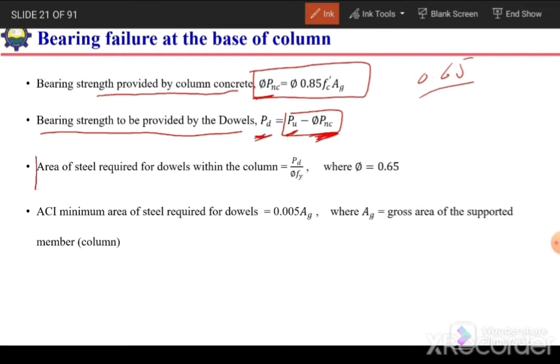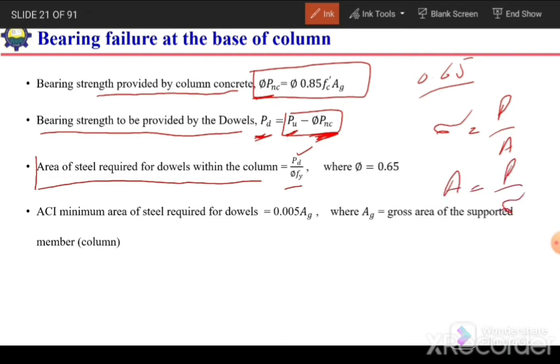So the area of steel required for the dowel is equal to the load resisted by the dowel divided by phi Fy. This is simply sigma equals P over A, so we just need to rearrange this equation: A is equal to P over sigma. At the design stage we consider the limit state, and we consider that our reinforcement should reach its yield strength.